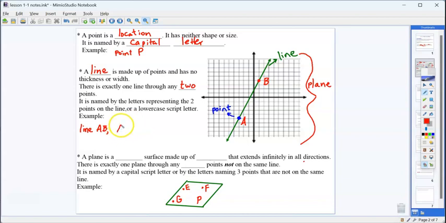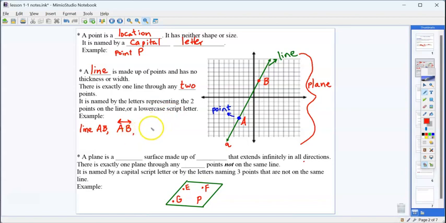I could also use the symbol for line, and that would be an arrow that goes both directions, a bidirectional arrow over the letters AB. Or maybe I want to call this line Q. So that's where we're talking about a lowercase script letter.